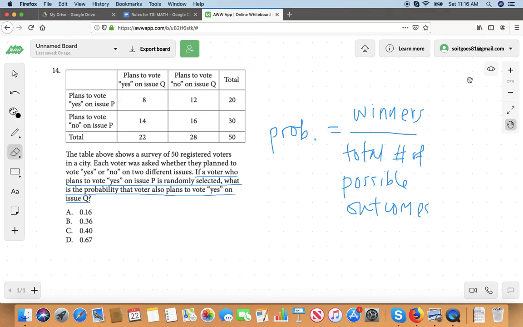Okay, and let me give you some concrete examples of what that looks like. I love talking about 6-sided dice when it comes to probability. You roll the 6-sided die, you know what I'm talking about, like dice for Monopoly, right? It's got 6 sides and the numbers 1 through 6, just one number on each side. If I asked you, what's the probability of rolling a 2 on a 6-sided die?